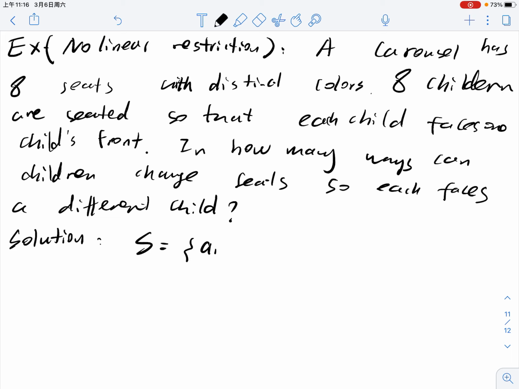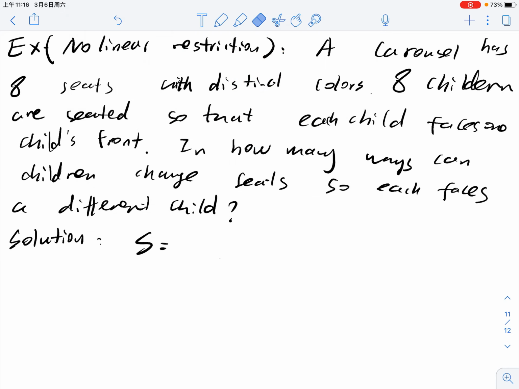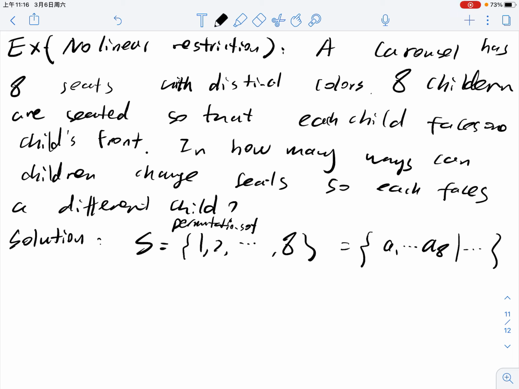Okay, and mathematically, let S be a set of 8 elements, and permutations A1, A2, up to A8.